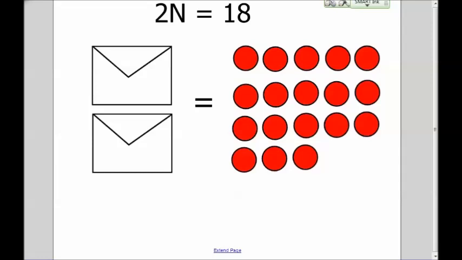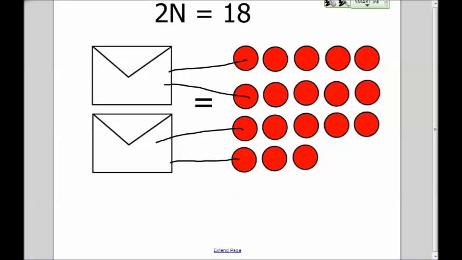Last one. 2N equals 18. 2 times something equals 18. It's a basic math fact. You all should be in your head screaming what the answer is. But the other way I can do it is to start shuffling these counters. 1 goes here, 1 goes here, 1 goes here, 1 goes here. That's going to get messy.